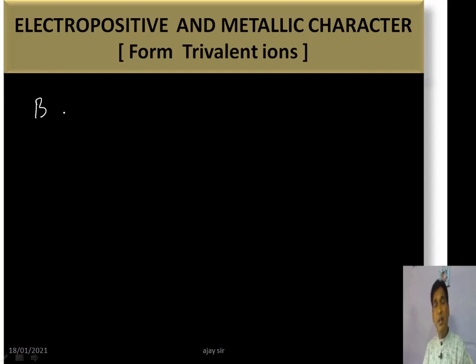Earlier we have seen boron's outer electronic configuration: atomic number is 5, 1s2 2s2 2p1, and boron is small in size. The energy required for the ejection of the first electron is 801, for the second electron 2427 and for the third electron 3659 kilojoule per mole.